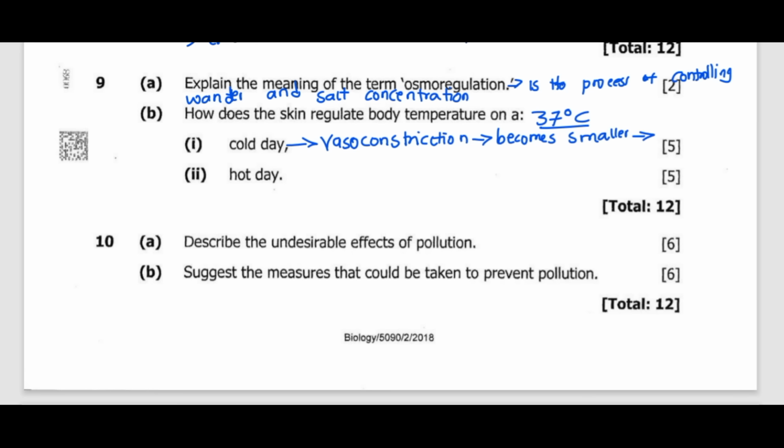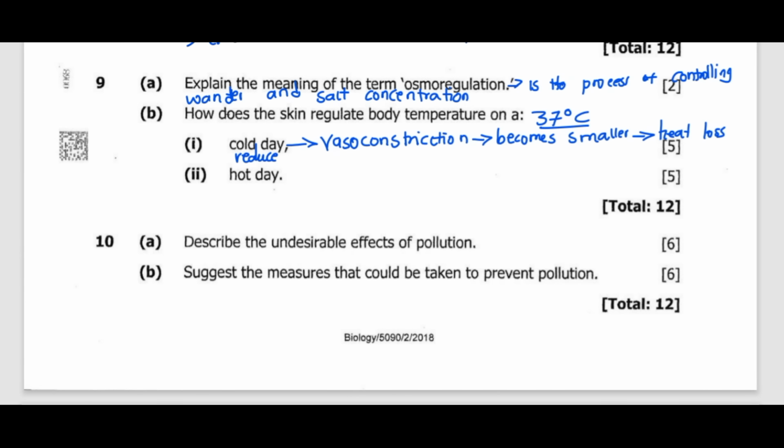The reason why they are becoming smaller in size is so that the heat loss reduces. Since it's cold, we don't want to lose too much heat. So the importance of blood vessels becoming smaller is to reduce the heat loss.